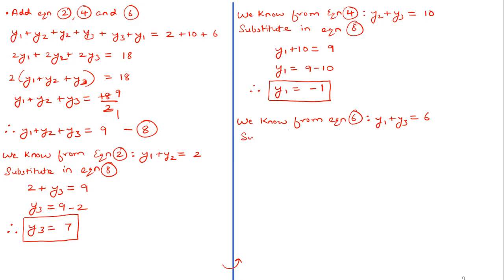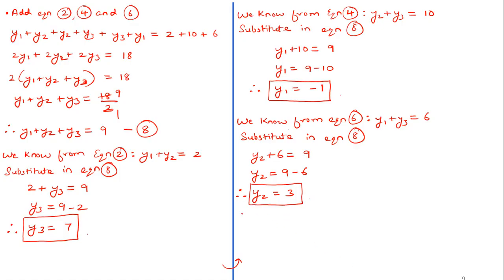So substitute in equation 8. So here y2 plus 6 is equal to 9. So y2 is equal to 9 minus 6, 6 will go that side, it will become minus. Therefore y2 is equal to 3. So we got the value of y2.